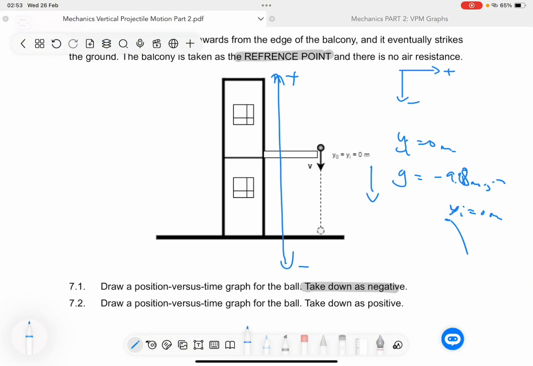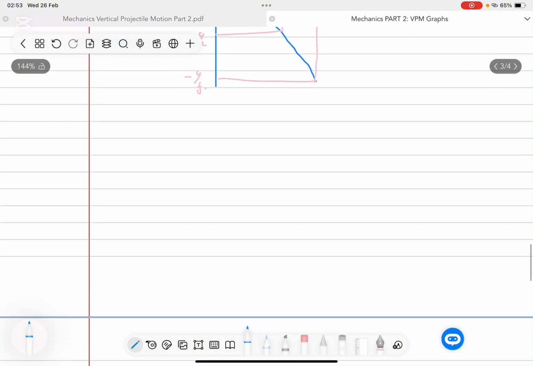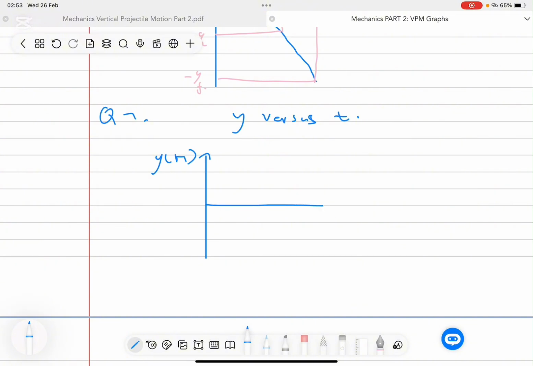Now, let's put all this information together into a sketch. If we look at question 7, I'm going to have a position versus time graph, and we are going to have our y in meters, which is the position in the y direction, and we are also going to have our time measured in seconds.